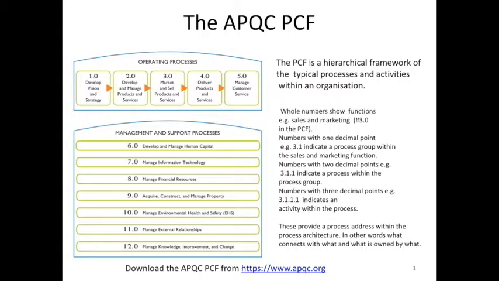This is basically the same as giving the process an address so that it can be located within the organization's business process architecture. The framework also provides a good basis for a common business language so that the terms used to describe a process are consistent within the organization.